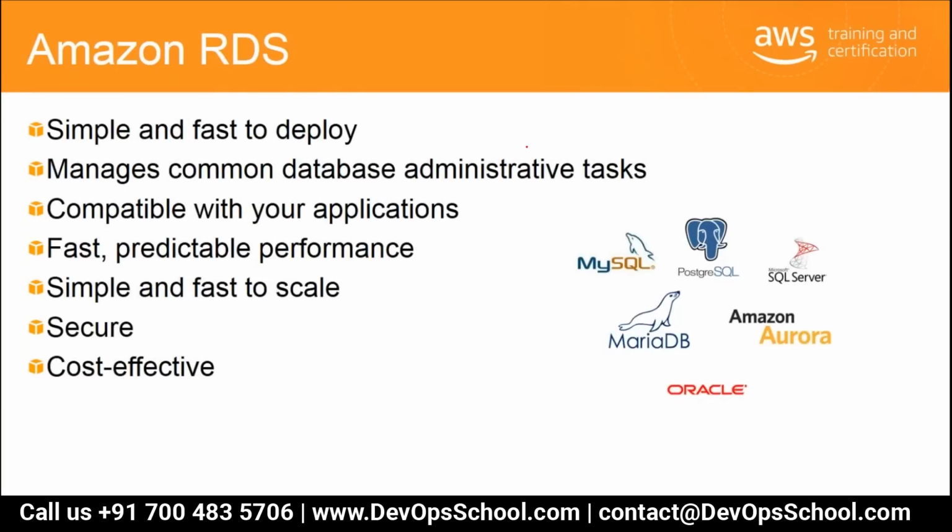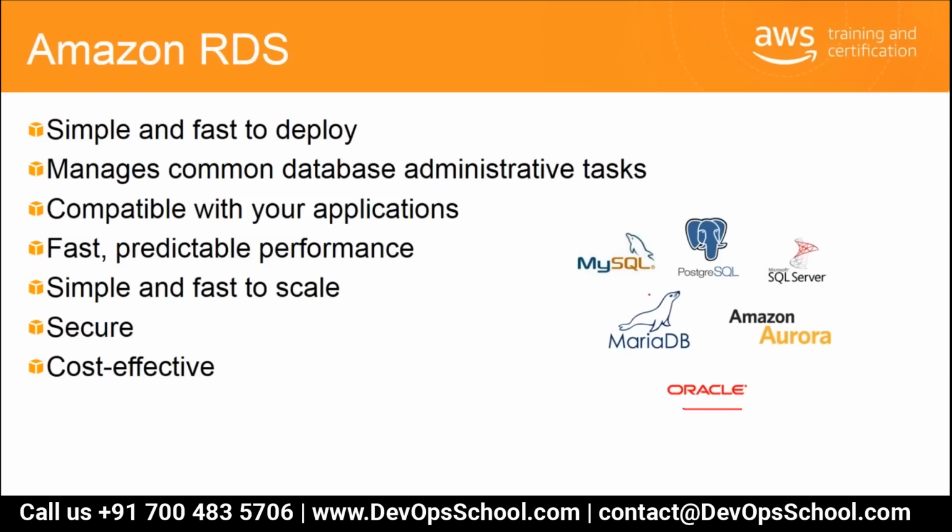So what is RDS? RDS is a simple and fast to deploy service. It manages common capabilities of all the services which are listed here. It is interoperable with MySQL, Postgres, Microsoft SQL Server, Amazon Aurora, MariaDB, and Oracle.